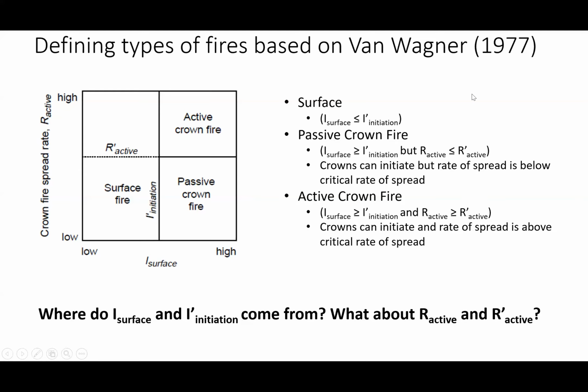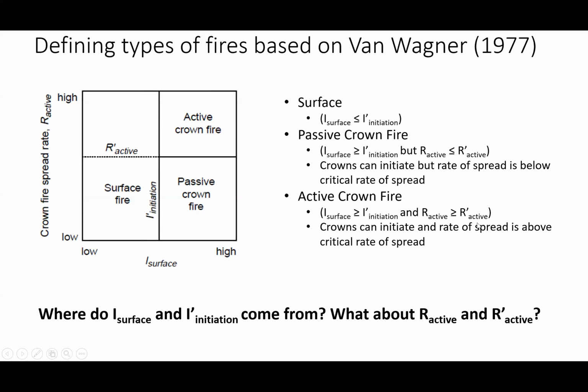So the critical rate of spread is the fire line intensity that is needed for it to be a crown fire, drawn from crown base height and how much heat needs to be transferred to start an ignition, the heat flux. Yep. So that's the initiation side of the equation.